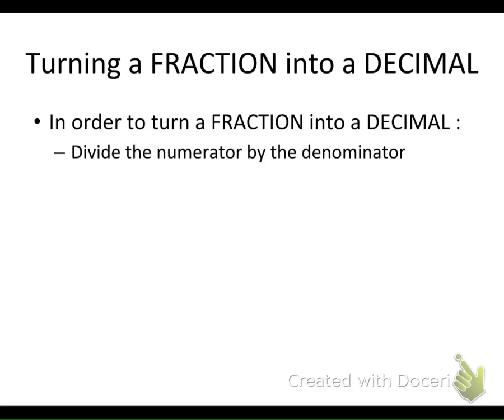Go ahead and get that steps note sheet out. And then write this in. Divide the numerator by the denominator. So when you're turning a fraction into a decimal, you divide the numerator by the denominator. And that's exactly what you already know how to do. That fourth step, when you're changing a decimal into a fraction, when we check, instead of writing the fraction into your calculator, like on the last one, it was 3 over 2.